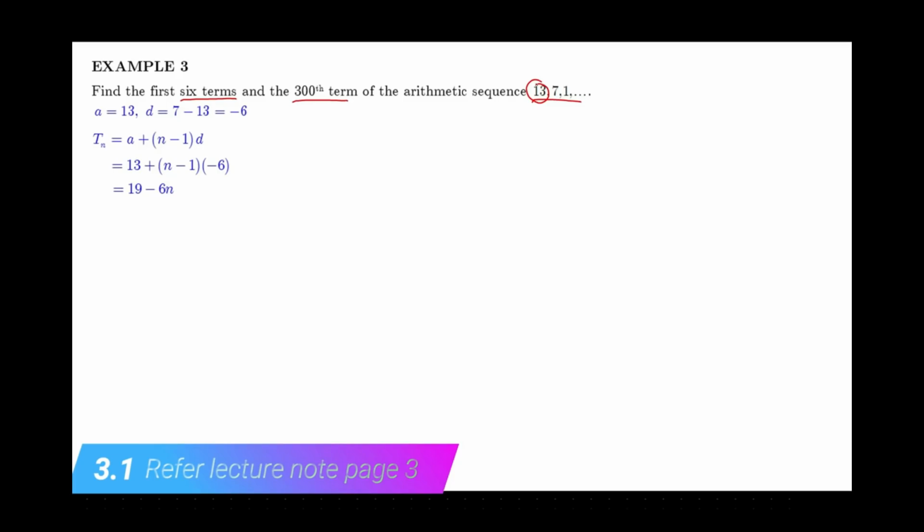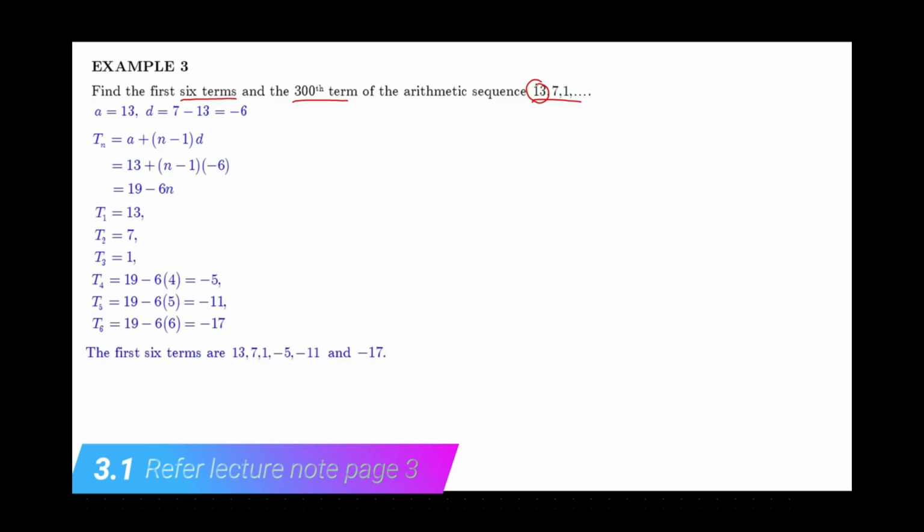So from the sequence, we already have our T1, T2, and T3. And to find T4, we need to substitute n with 4 into our Tn to get negative 5. And do the same for T5 and T6. And lastly, we have to list out all the 6 terms as the question asked.